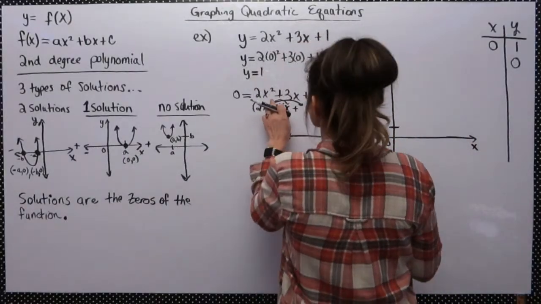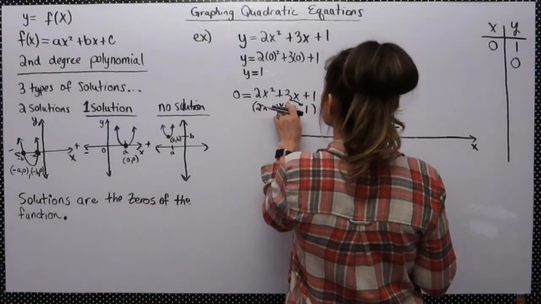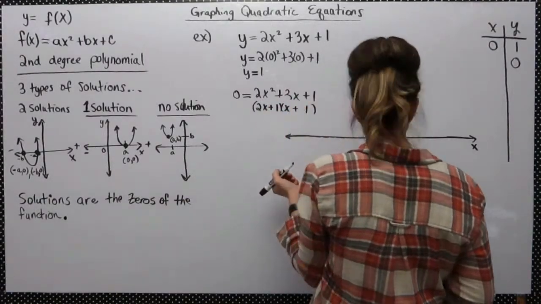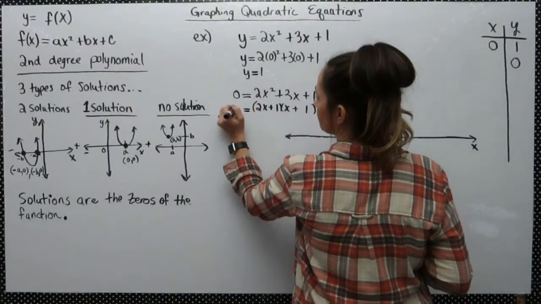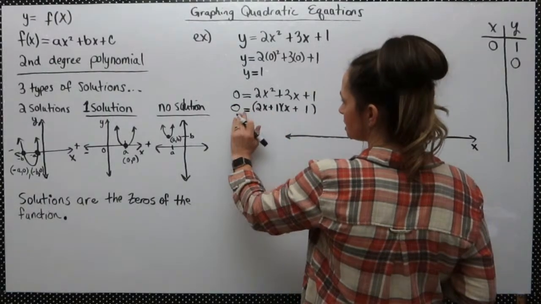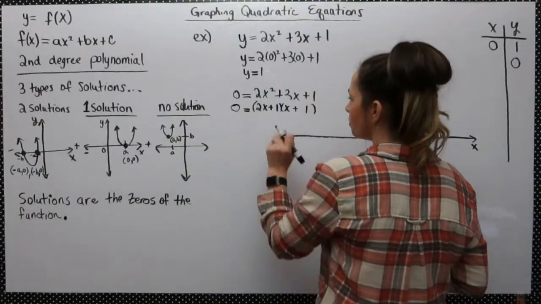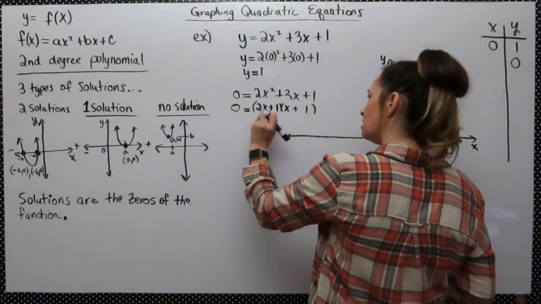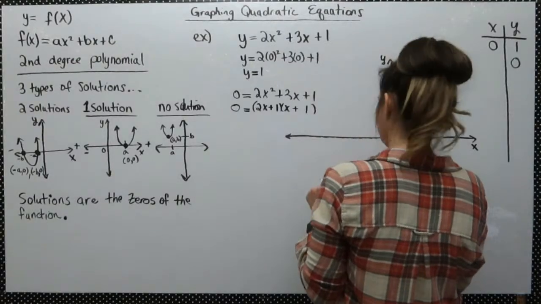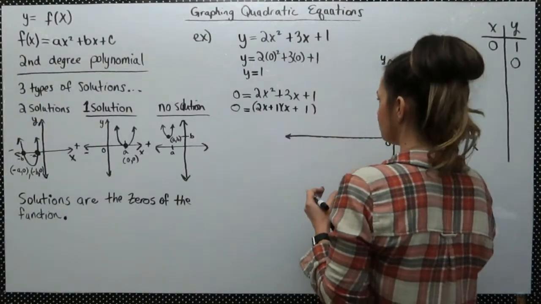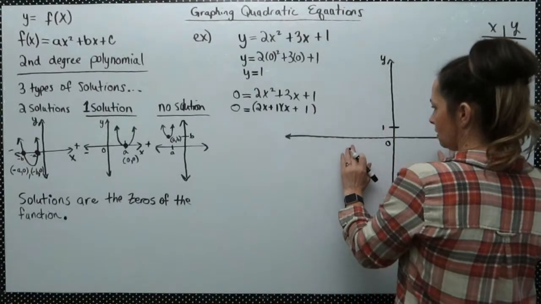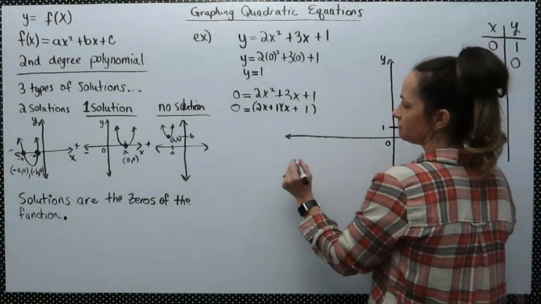I might get into the quadratic formula maybe next week, because right now I just want to graph this polynomial. So we have these two factors set equal to 0. We're going to take each individual factor and set it equal to 0 to find the actual values in my domain where it's crossing the x-axis.